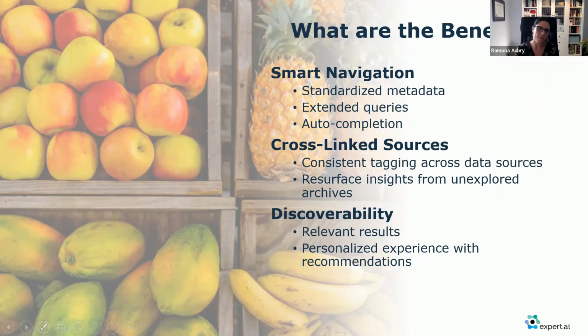What you want to have in the first, I would say, as the first expectation would be to have a smart navigation. So if you have a way to navigate smoothly, to look at standardized data and have extended queries and even have some auto completion that will help you make your experience more pleasant, then you achieve this goal of having the smart navigation.